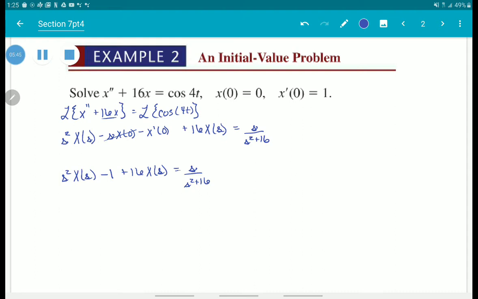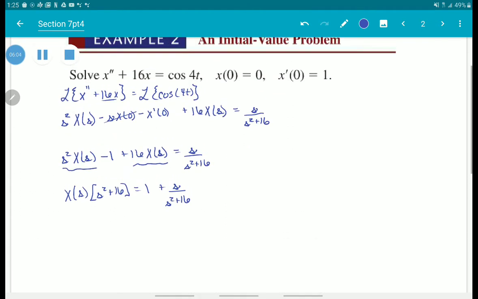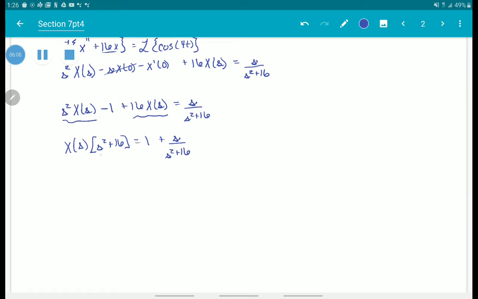So I'm going to do 2 steps in one here. I'm going to move that 1 over, but I'm also going to factor the X of s out of that first and last term on the left. So now let's divide both sides by s squared plus 16. So we're isolating that X of s.